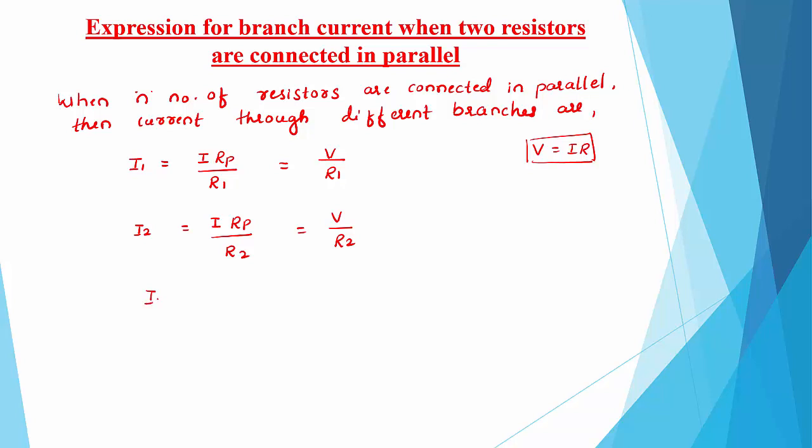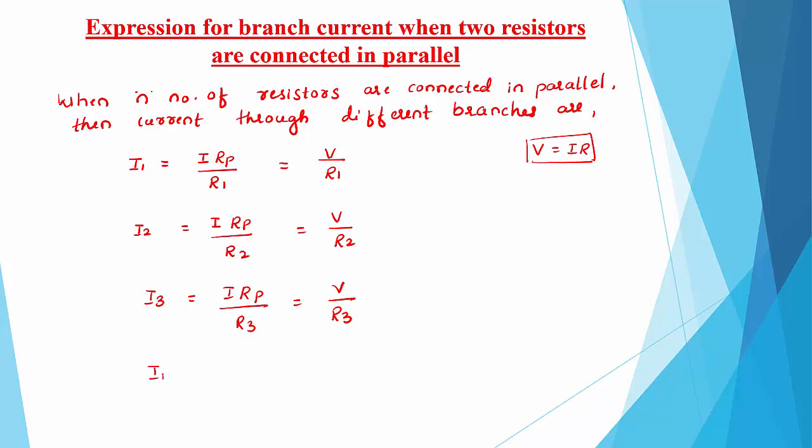Similarly, when there is one more resistor I3, then we can write I Rp divided by R3, or directly we can write V divided by R3. Remember, when you are going to find an expression for branch current like I1, I2, I3, directly you can use this equation V by R1, V by R2, V by R3.